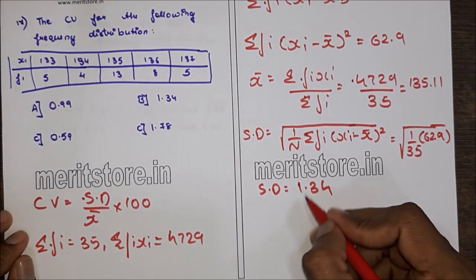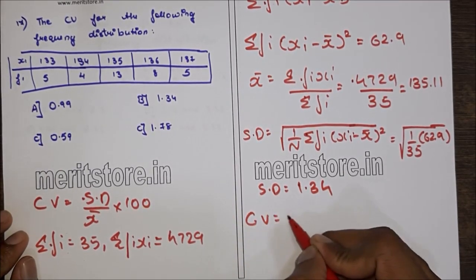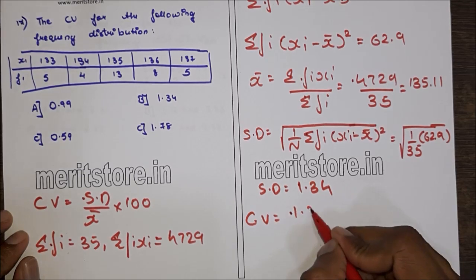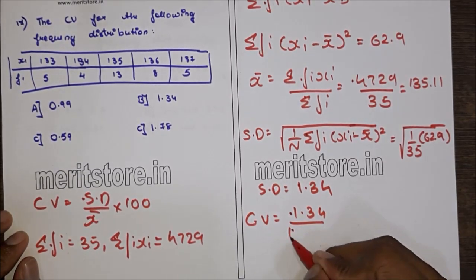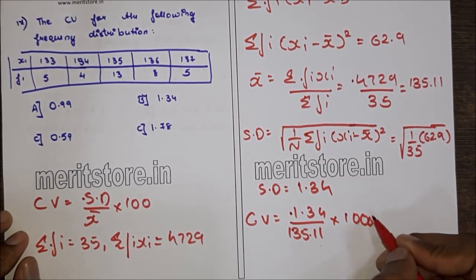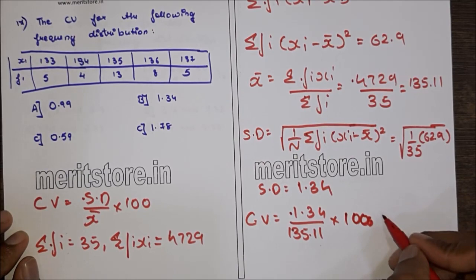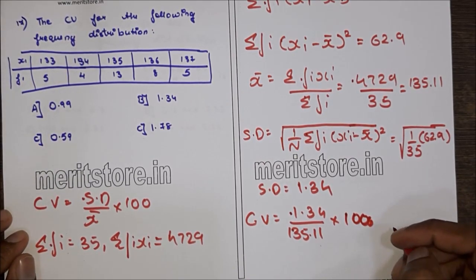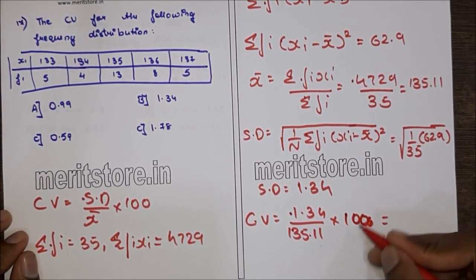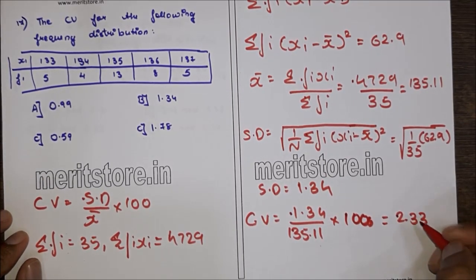So we substitute the values of standard deviation and mean, we get CV is equal to 1.34 upon 135.11 into 100, which is equal to, further solving this we get 2.33.